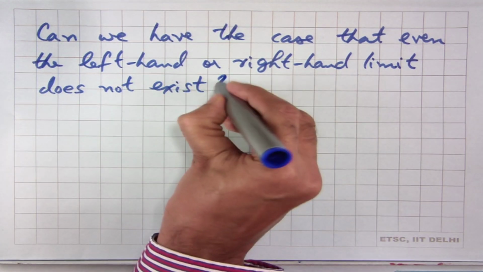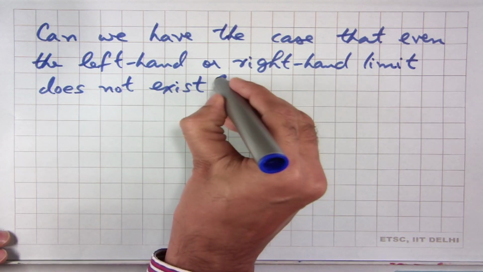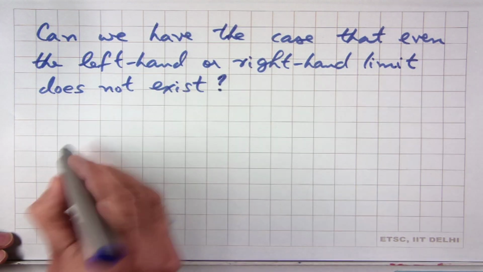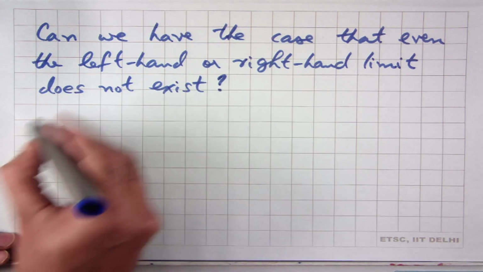In the previous example we saw that the left hand limit and right hand limit exist, but they are not equal. So, the limit does not exist, but can we have this case? So, let us consider this.